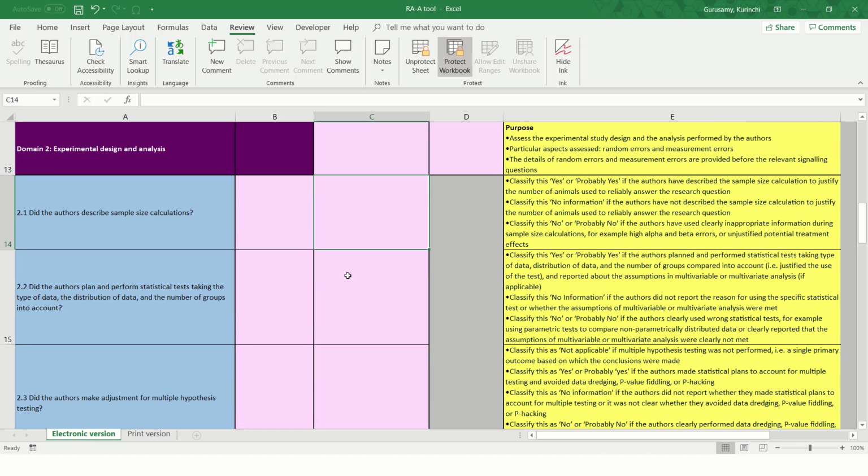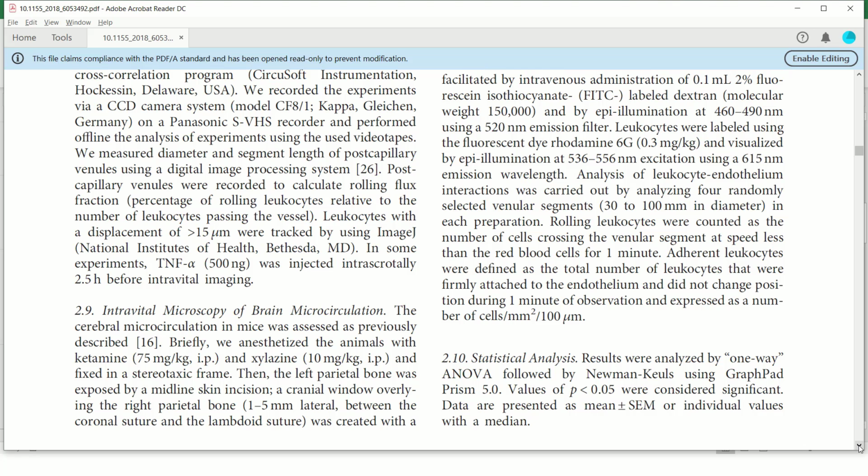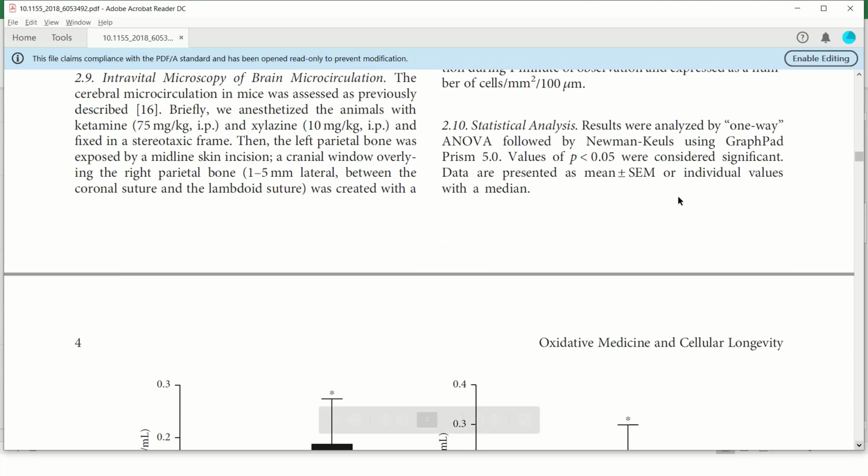Okay, next is this: did the authors describe sample size calculations? Let's have a look. Here is where the statistical section is. Okay, so they mention using one-way ANOVA, and p-values of less than 0.05 are considered significant.